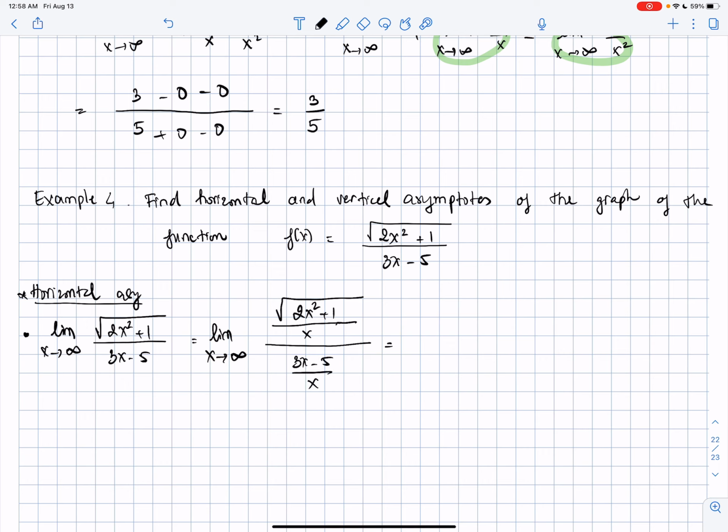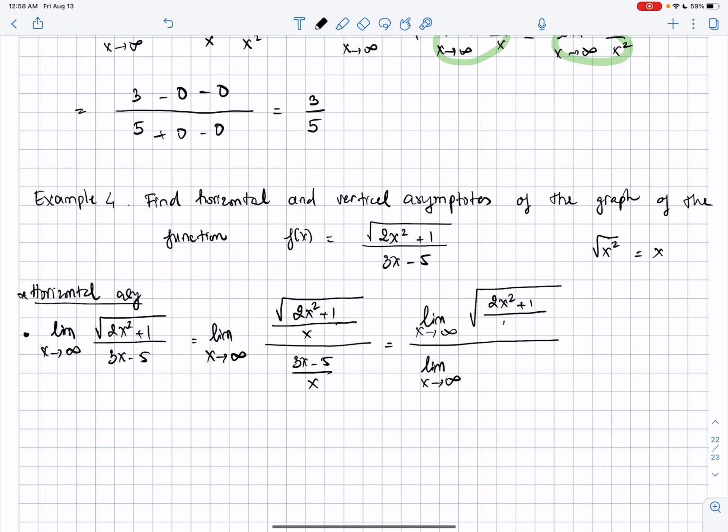And now you can take the limit, separating them for the quotient. The x on the top, you can write like this, because x is equal to the square root of x squared, right? So we have the square root on top and bottom, and you can combine them.